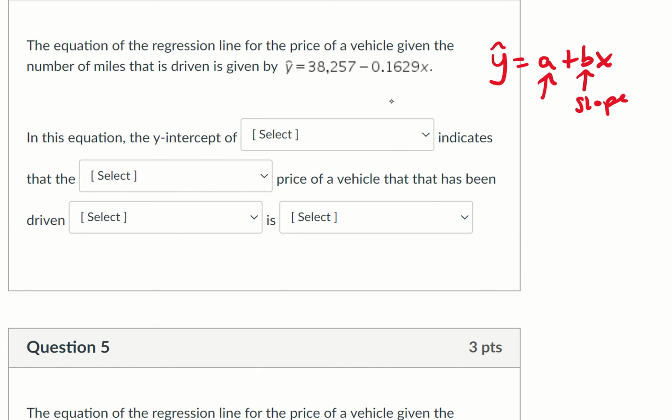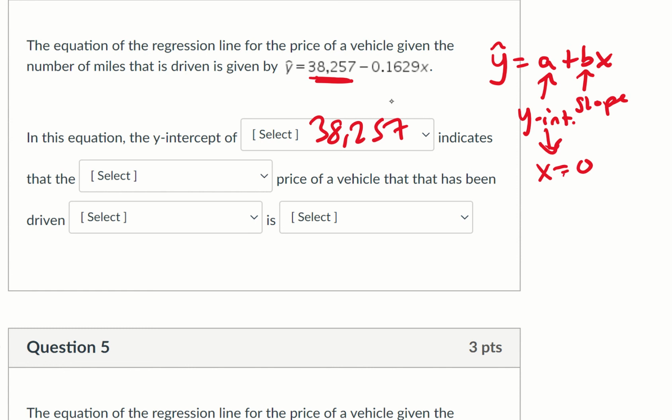A is the y-intercept. So in this example, the y-intercept is 38,257, and the slope is negative 0.1629. And remember that the y-intercept only happens when x is equal to 0.